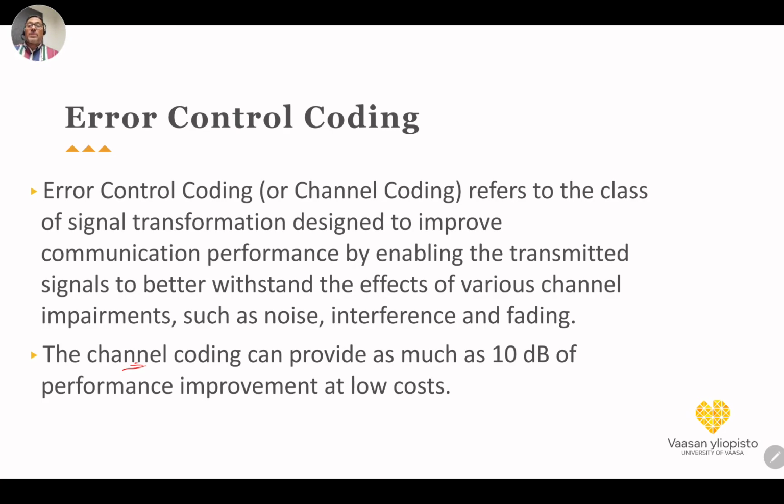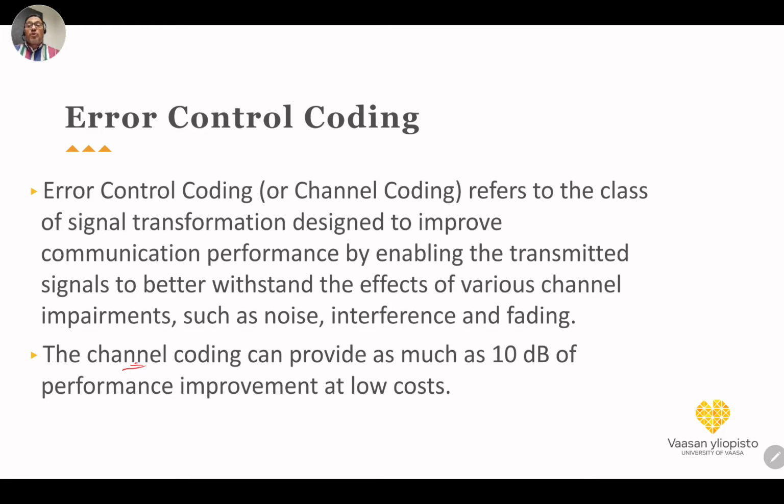So you can get a much higher improvement without actually increasing the transmission power, or sometimes the transmission bandwidth, because with this coding we can increase the spectrum efficiency without sacrificing the probability of error. If you remember from the previous clip, when we increase the spectrum efficiency, what do we lose?